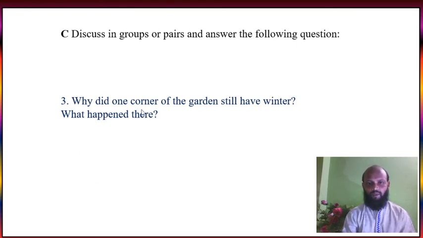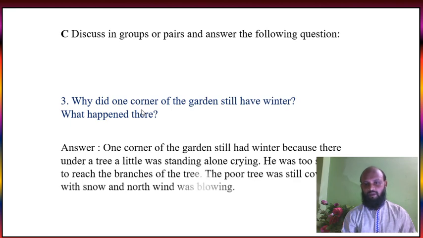What was the problem? One corner of the garden still had winter because there under a tree a little boy was standing alone crying. He was standing alone and crying because he was too small to reach the branches of the tree. He couldn't climb up the tree.